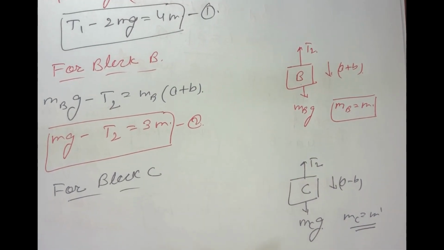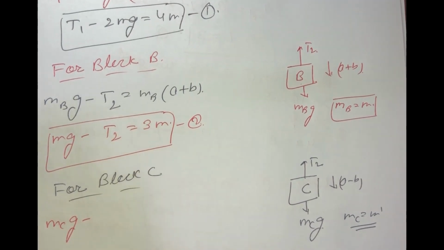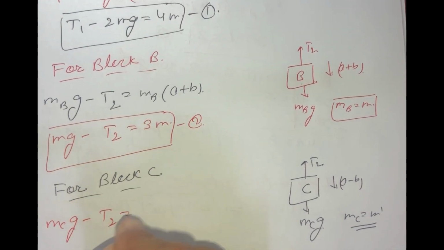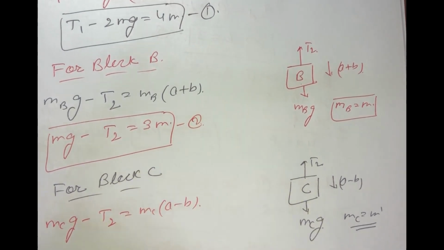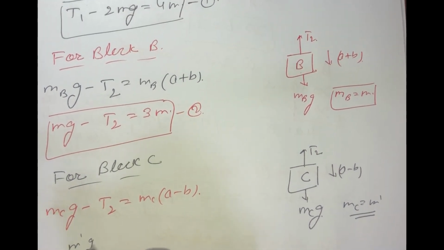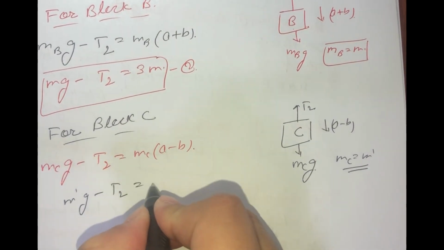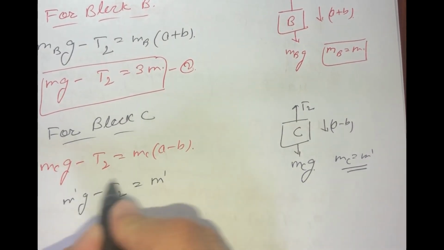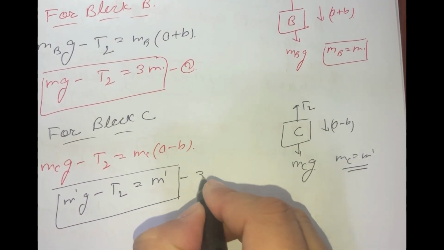So we can write this equation as mCg minus T2 is equal to mC multiplied by (a minus b). a minus b is 1, so we write the equation as m prime g minus T2 is equal to m prime. And this equation is equation number 3.